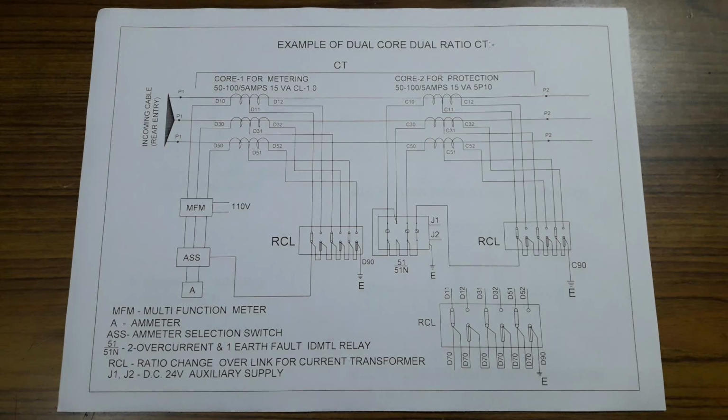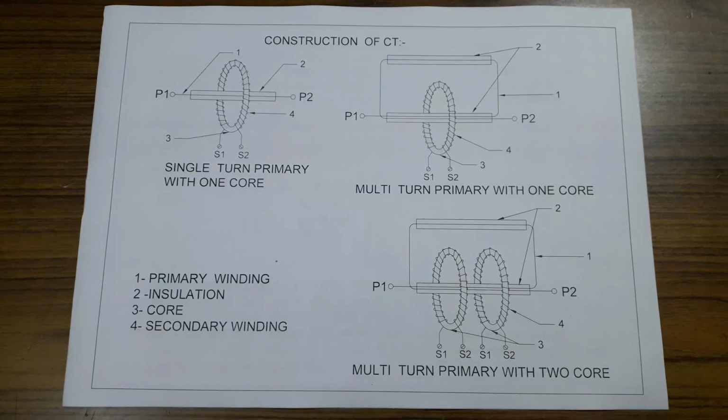Okay, next. Construction of CT. Here is a single turn primary with one core.